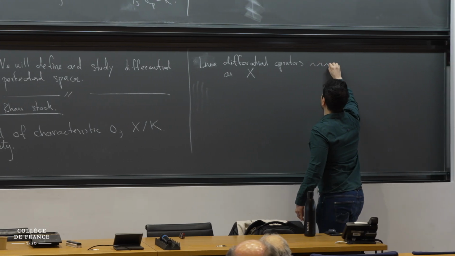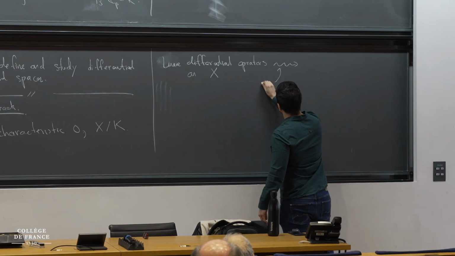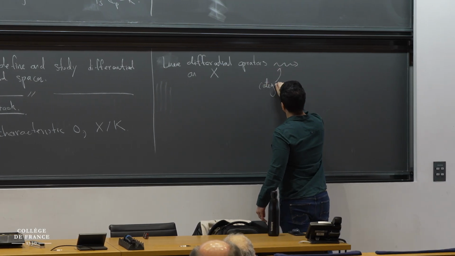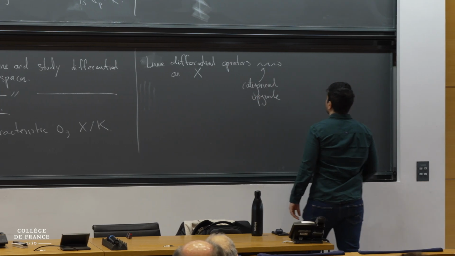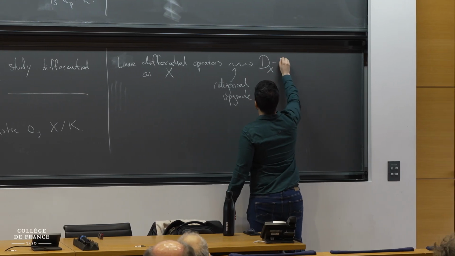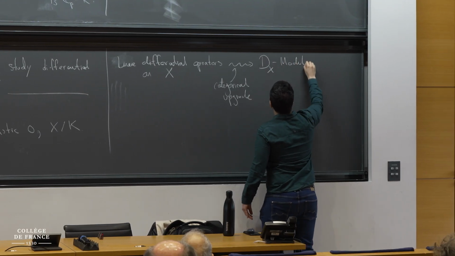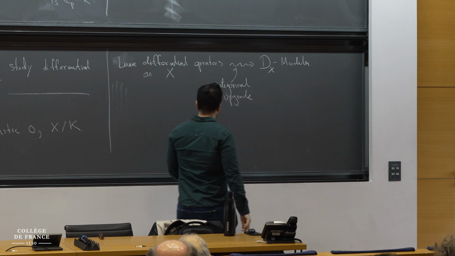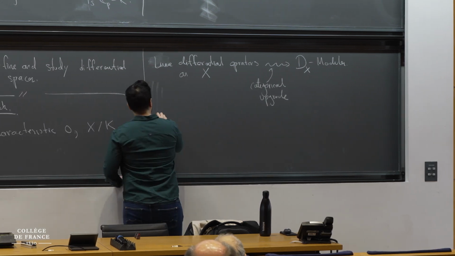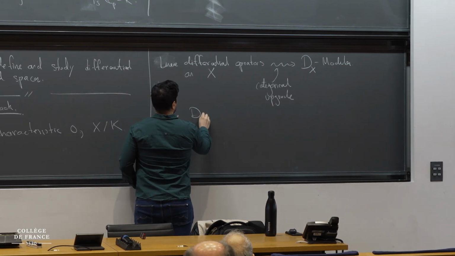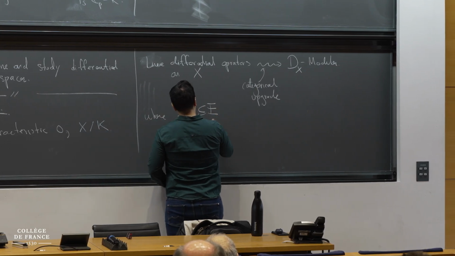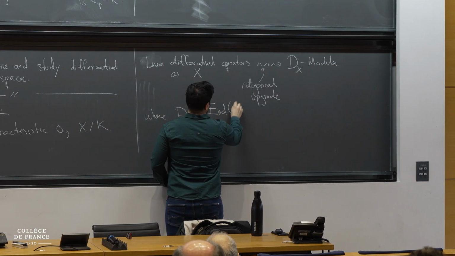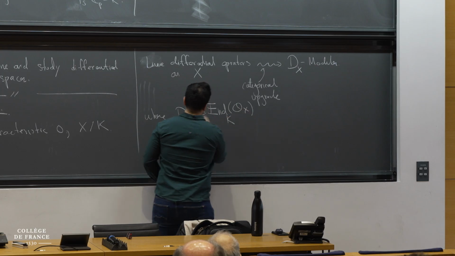It needs some kind of categorical upgrade. It's the theory of D_X modules, where the D_X, you can define it as, if you want, some subsheaf of the endomorphism sheaf of O_X, which are K-linear.